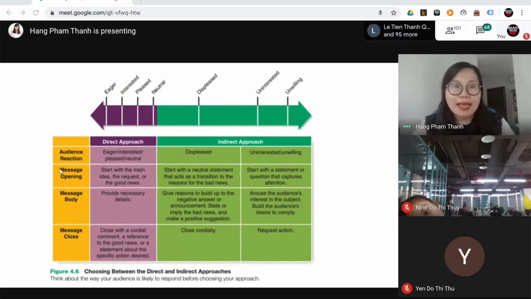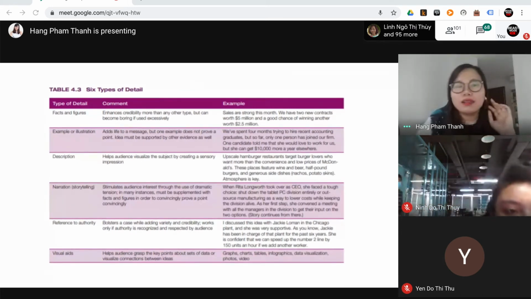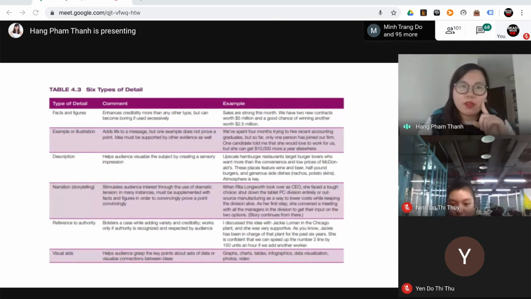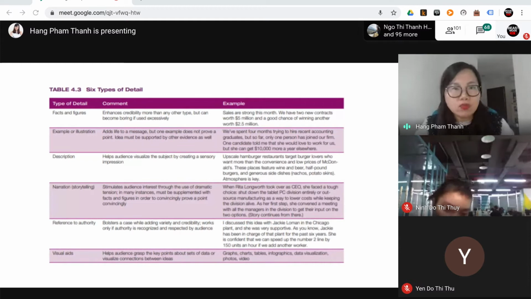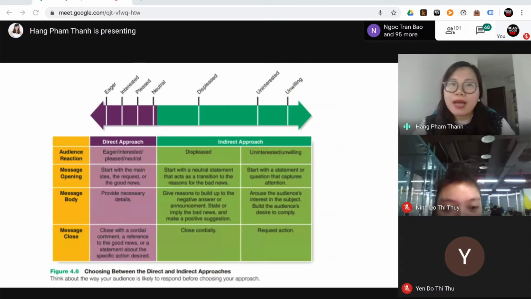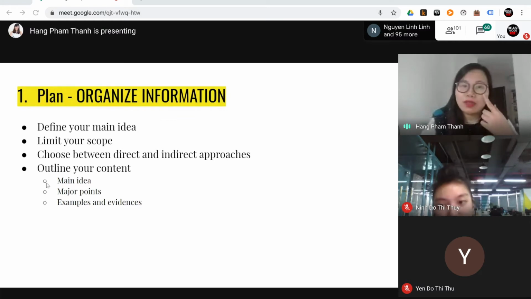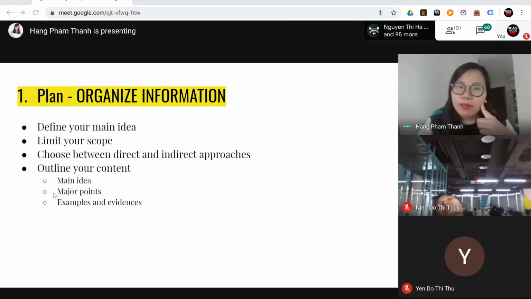Okay. Moving on, this table 4.3 is one table that I find really useful. This talks about six types of detail. So coming back to outlining your content, you always start with the main idea, then major points, then examples and evidence. But many students have difficulty finding the right type of examples and evidence to include in their writing.